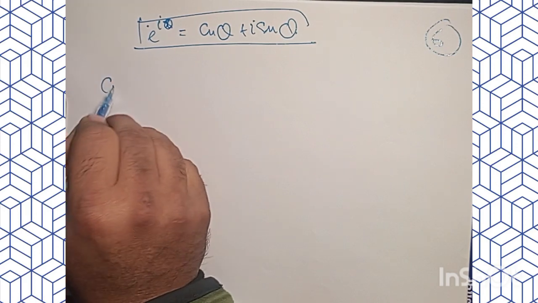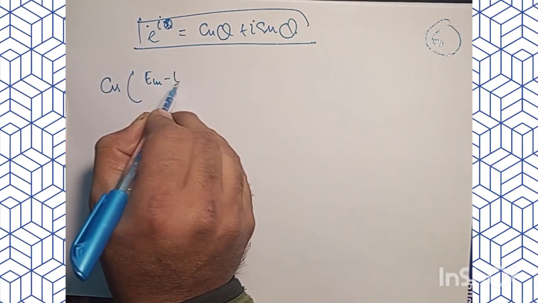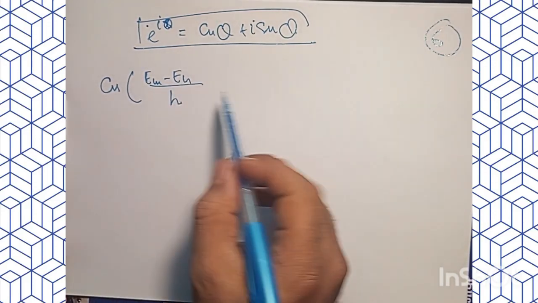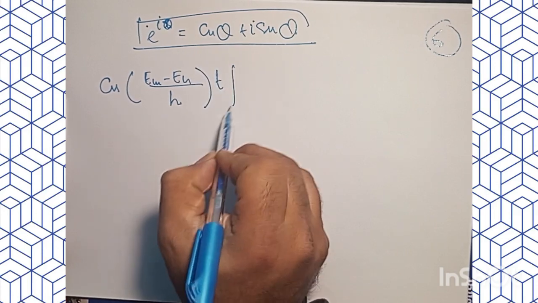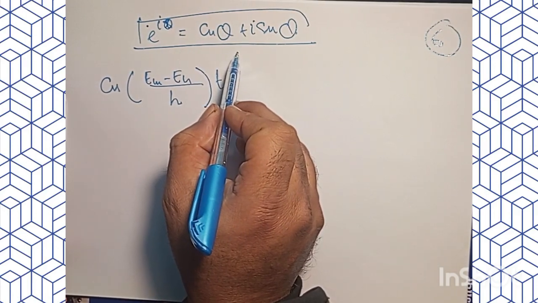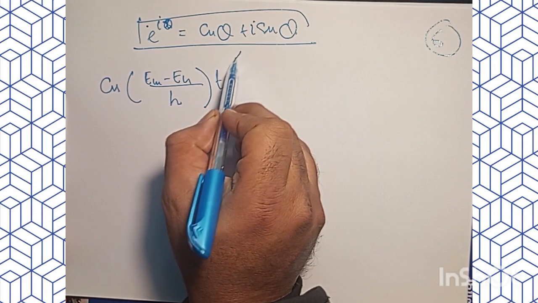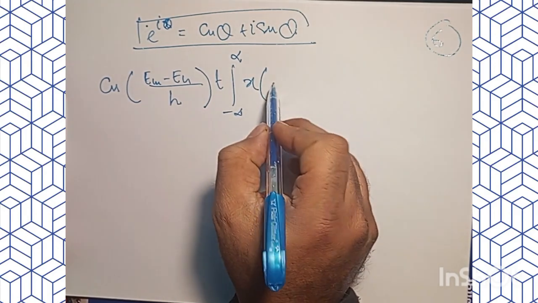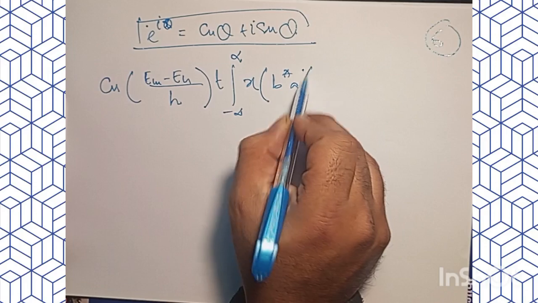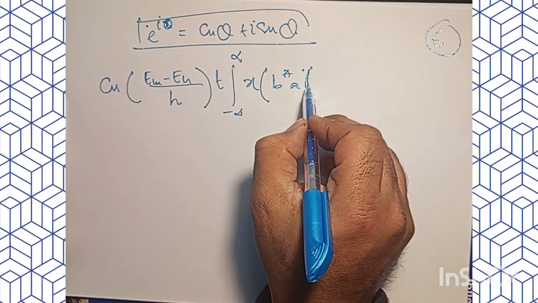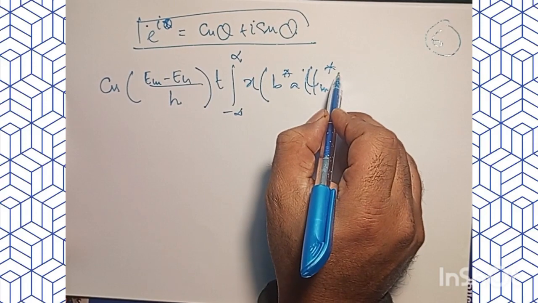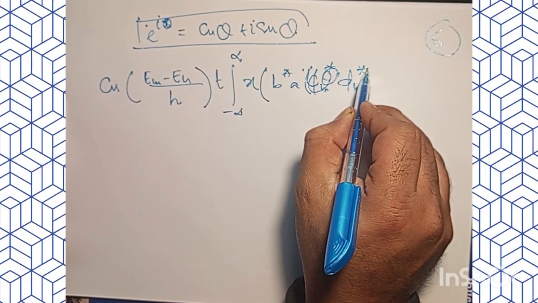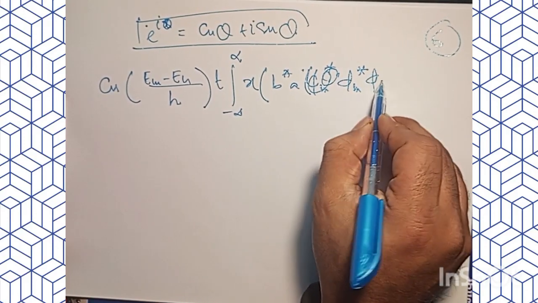So what I will get is cos of (Em minus En) by h times t, integrated from minus infinity to plus infinity. Then we have x, and then b star a times psi m star, phi m star, and phi n.